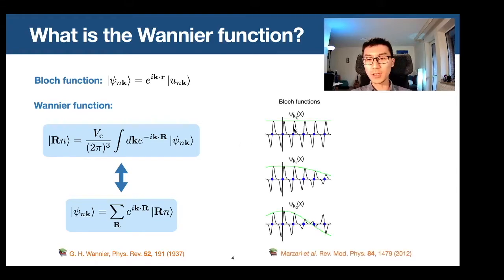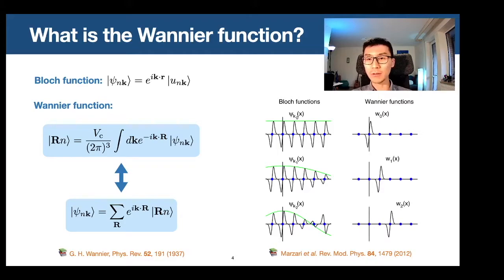Bloch functions are spread far and periodic, and they are labeled by the crystal momentum k. But Wannier functions are localized around the Bravais lattice vector R, and the index is R. So for 0, 1, and 2, they are localized at different Bravais lattice sites.